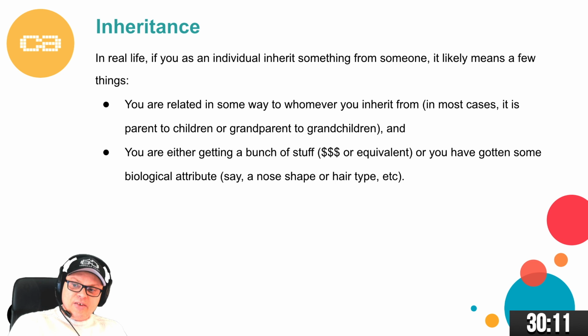And you're either getting a bunch of money when you inherit something, or you have gotten some biological attributes, let's say a nose, your hair color, and so on, right? That is what inheritance is for human beings most often. Now, it's very similar in programming, I would argue.